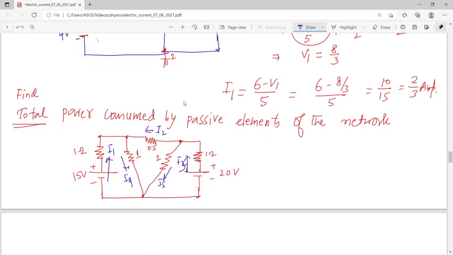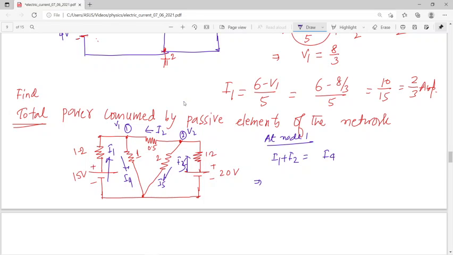We can write them in our own way. Let the voltage at point 1 be V1, and at point 2 the voltage be V2. So I am considering node 1. The currents I1 and I2 are entering, and I4 is leaving.